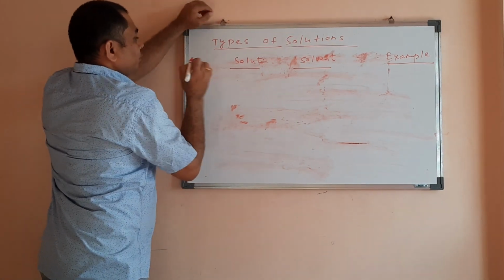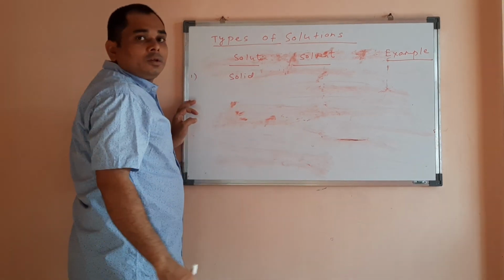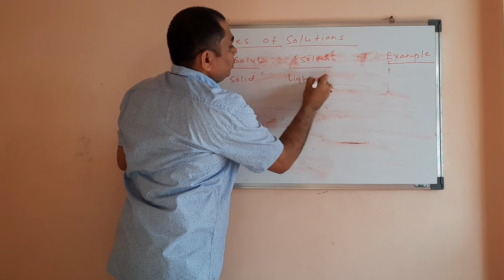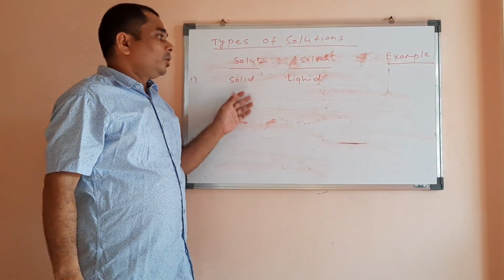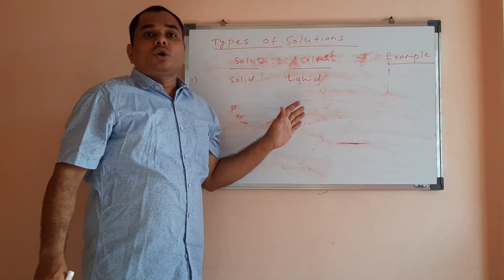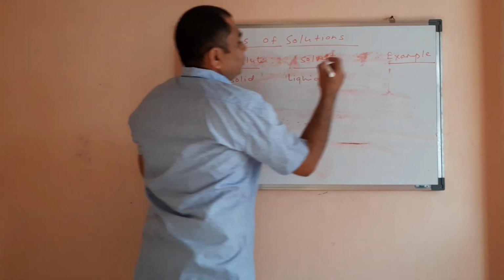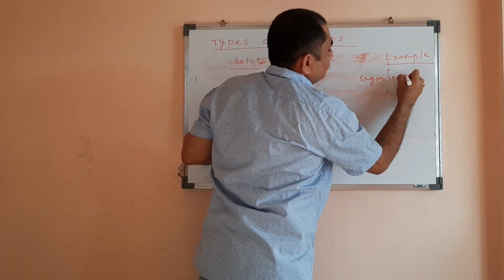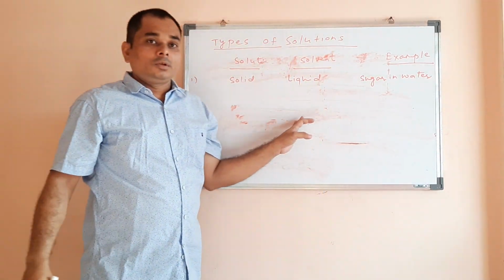First thing is, we can have a solid solute, then we can have liquid solvent. Such type of solution is what we normally come across in our day-to-day life. So for example, sugar in water. This is solid in liquid type of solution.